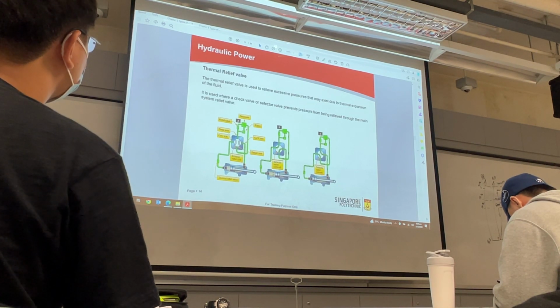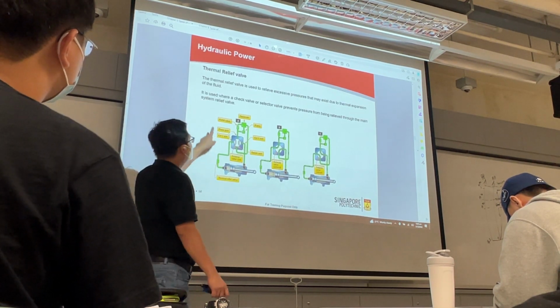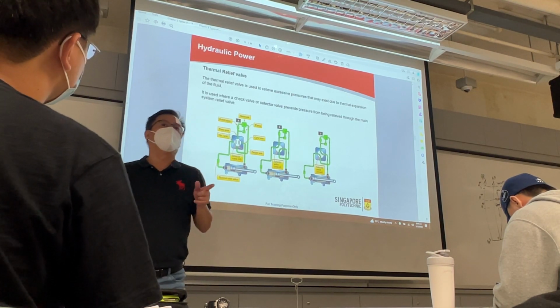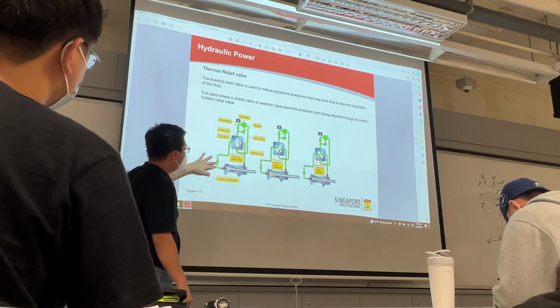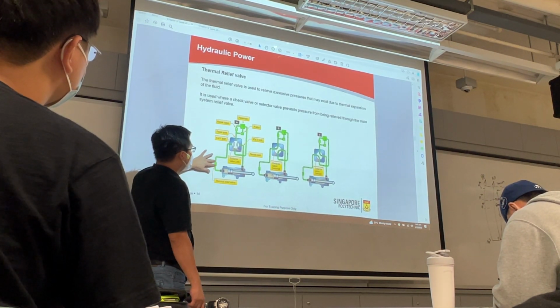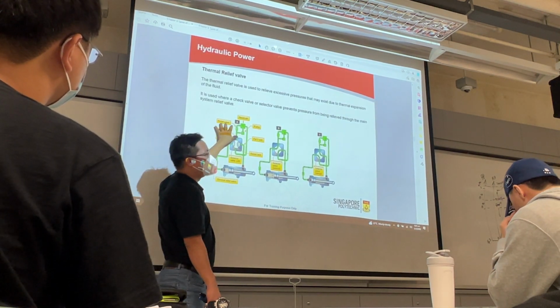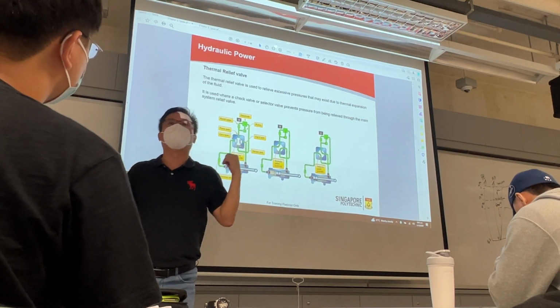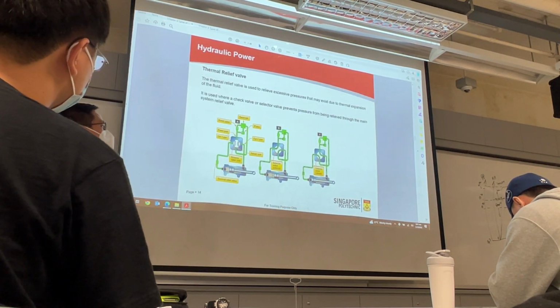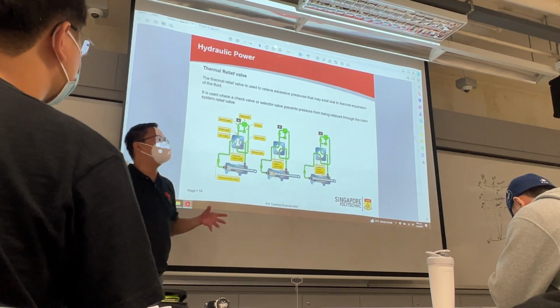For thermal relief valve, the word thermal already tells you it's got to do with temperature. Now, why is the thermal relief valve here between these two? When I already have a system relief valve, why must I bother to have that? Now, very simple. This piping likely will be somewhere in the wheel well.